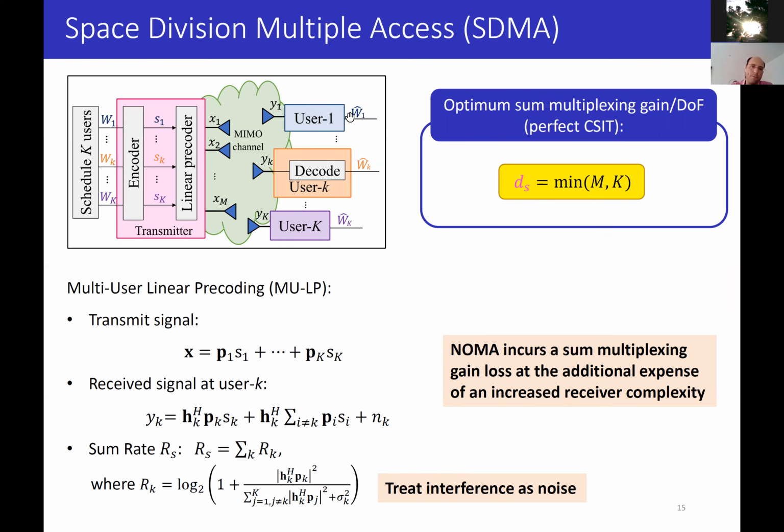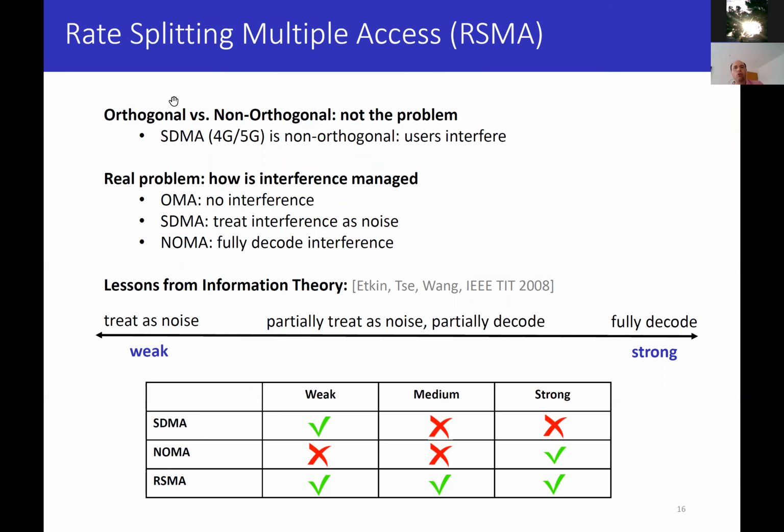Right, so in my view, the whole notion of orthogonal versus non-orthogonal is really not the problem. After all, if you look at SDMA techniques or multi-user linear precoding, you could argue this is already a form of non-orthogonal strategy because you transmit in the same time-frequency resource, you transmit messages to multiple users, and those multiple users interfere with each other in general.